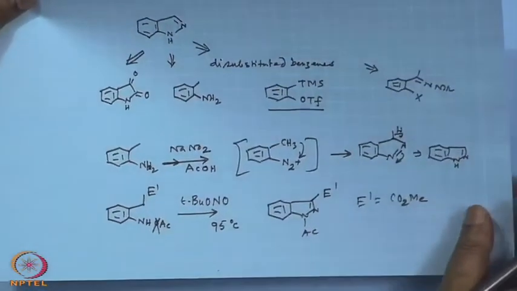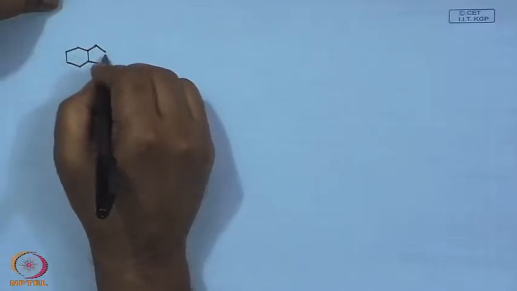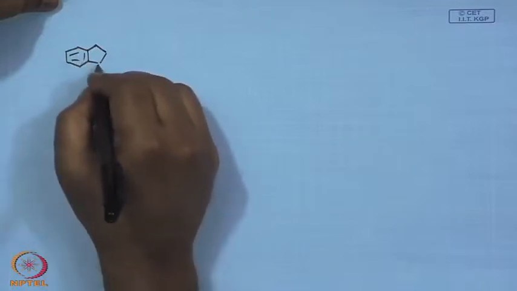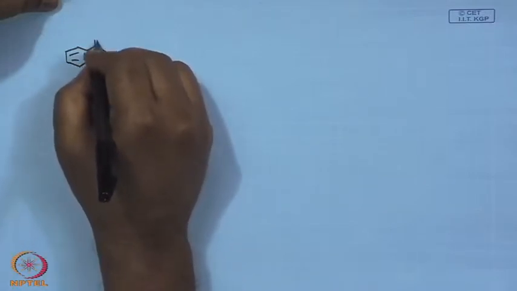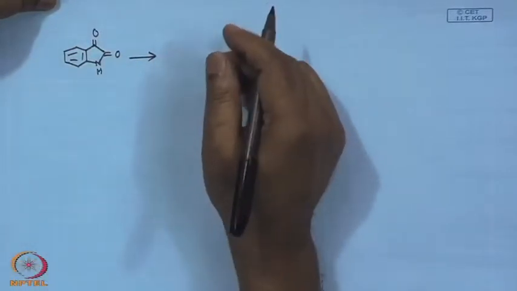Okay, the second method that I would like to talk about, I think the one example is good enough to demonstrate the utility of isatin, right. If you recall, in one of the last classes we talked about the use of isatin in the synthesis of, anybody remembers? Isatin is a very useful compound actually.